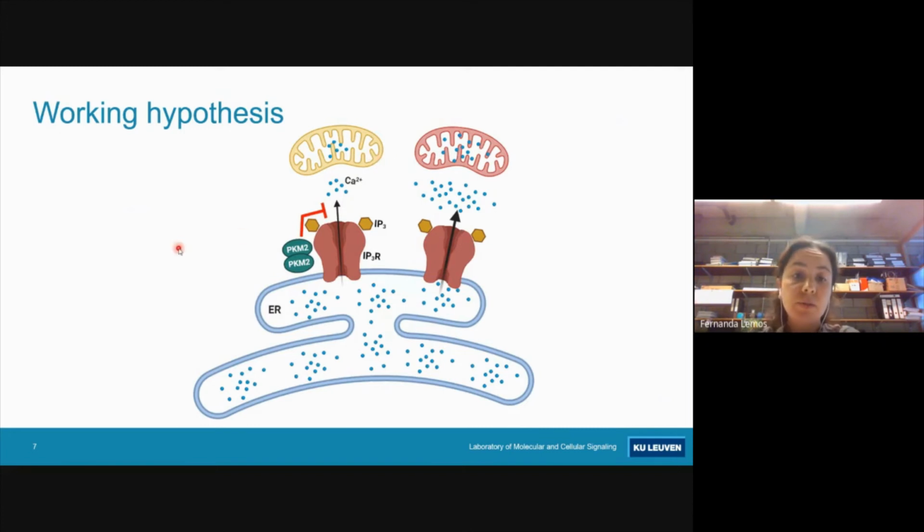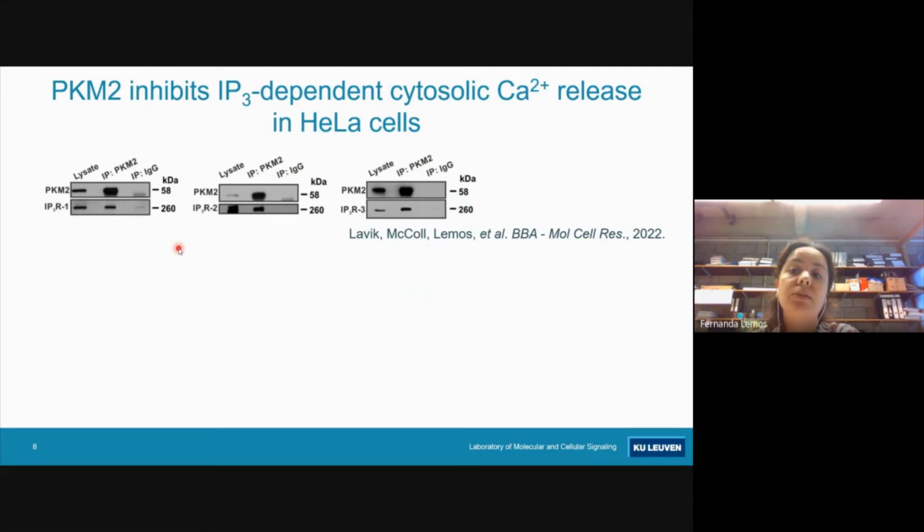To do this, we decided to use HeLa cells, our cancer cells that express the three types of IP3 receptors, and we showed that these three isoforms can interact with PKM2.